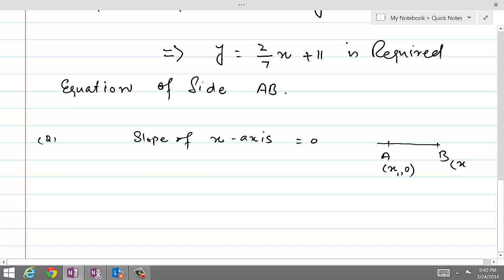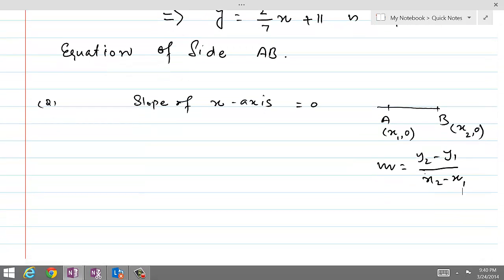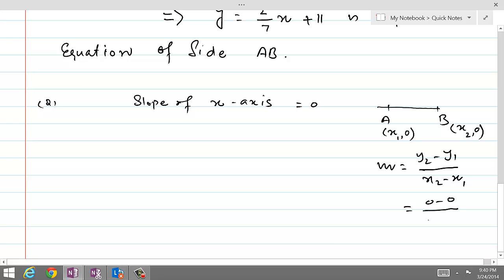And for B, x2 and y is 0 again. If we apply the slope formula, m is equal to y2 minus y1 over x2 minus x1, then this would be 0 minus 0 over x2 minus x1, which is equal to 0. So for this reason, the slope of the x-axis is 0.